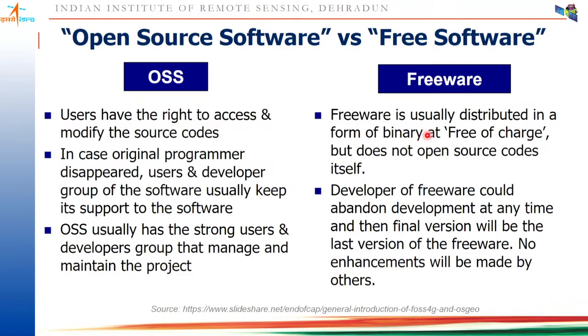Why is that a problem? In such cases, you do not know what is happening in the background. You do not know how the software is working. For example, you are doing a remote sensing or GIS or digital image processing operation, and you give in some input, it gives some output, but you do not know how it happened. Many a times, these outputs are wrong.